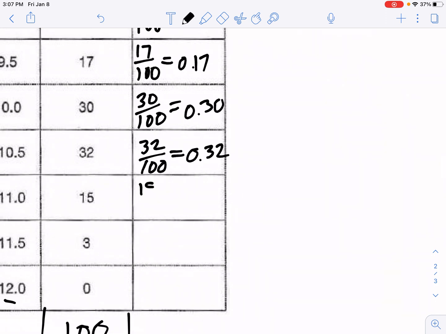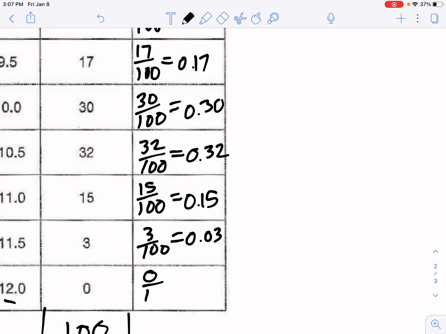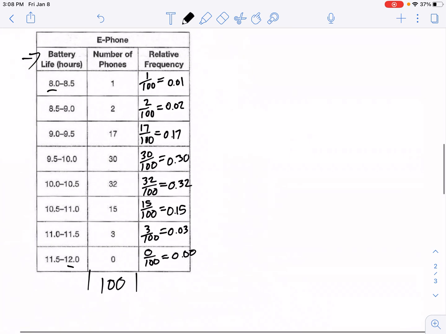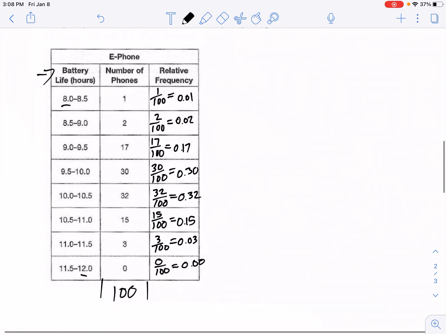We get 15 out of 100. Again, you can divide this in the calculator to 0.15, 15%, and then 3 out of 100. We get 0.03, 3%, and 0 out of 100. Well, 0 divided by anything is 0, but for our purposes, I'm just going to write it in that same format, but it is 0, so 0%.